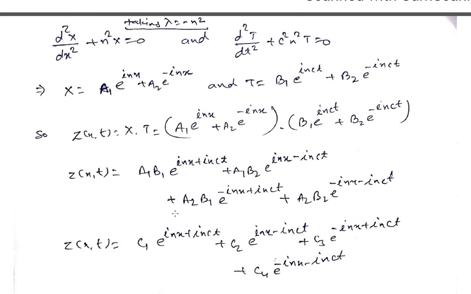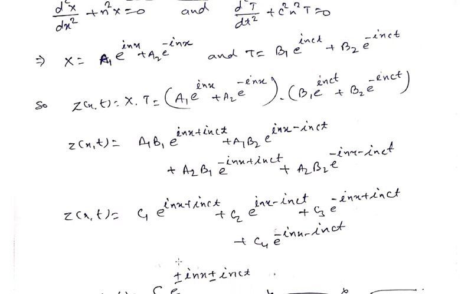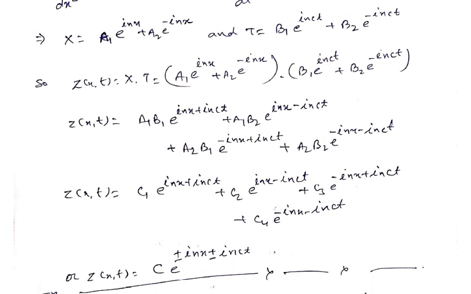So taking a1 b1 as c1, a1 b2 as c2, a2 b1 as c3 and a2 b2 as c4, we get this term. Here we can rewrite this as z is equal to c exponential (plus minus iota nx plus minus iota nct).